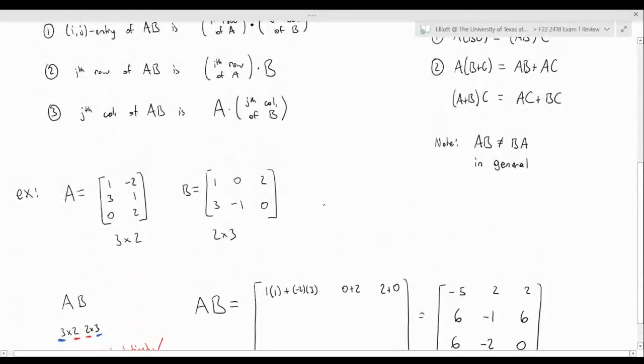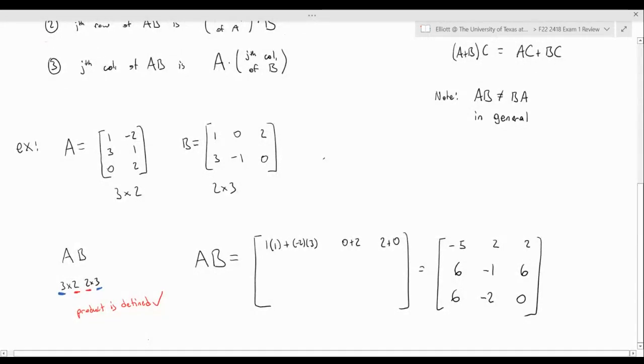I also want to comment on these other two rules for matrix multiplication that I wrote down. So let's look at the second rule right now, that the ith row of the product is taking the ith row of A and multiplying it with B. That's kind of what we ended up doing to complete the first row, right?